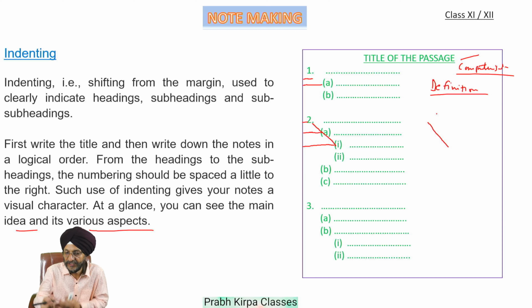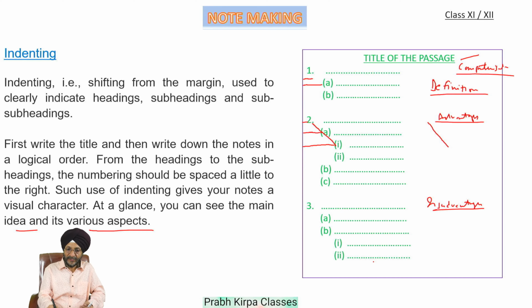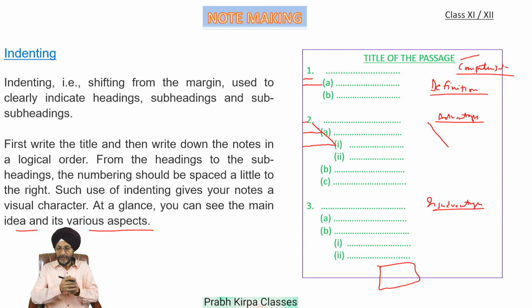Suppose after that it is given what the advantages of computers are. Then the second heading will be advantages. You will write the same way, A, B, C, and then the third heading may be disadvantages, and you will mention the same in the same manner, A, B, C. In this way, you will also use abbreviations and make a key box mentioning the abbreviations, and after all this you will mention the summary.